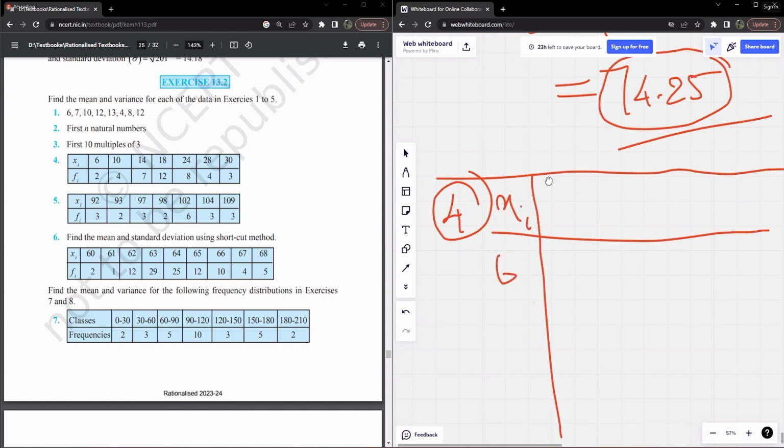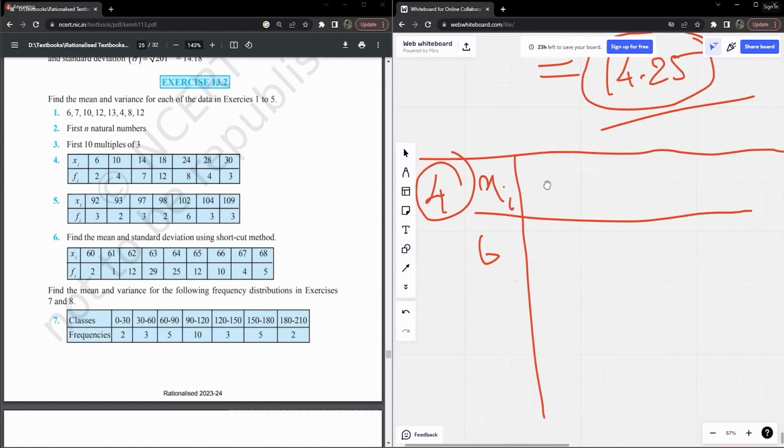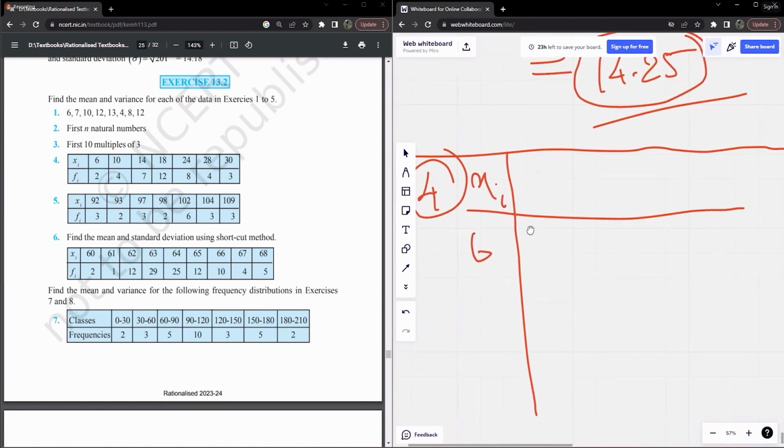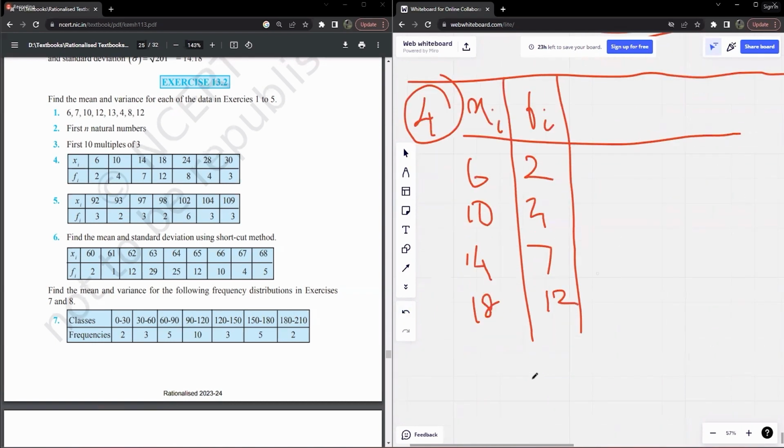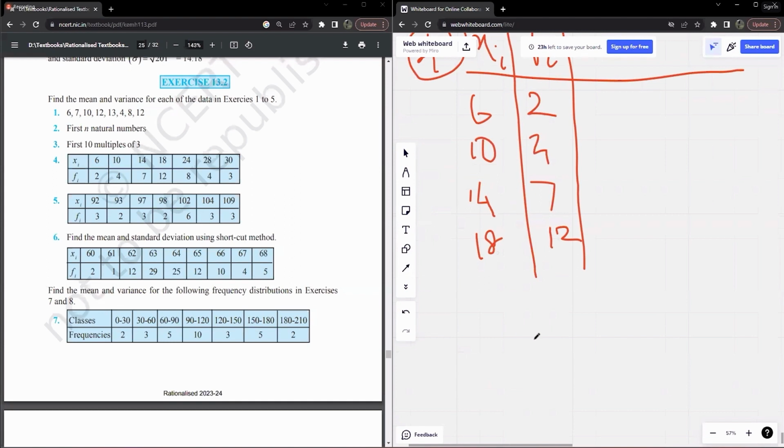Xi is a 6, Fi is a 2, then for a 10 it's a 4, for a 14 it's a 7, it's not 8. For 18 you have a 12. For 24 you have an 8. For a 28 you have a 4, and for a 30 you have a 2.